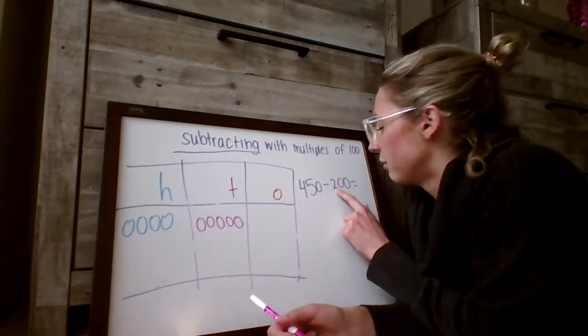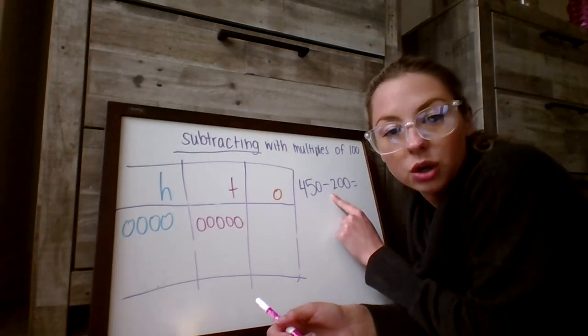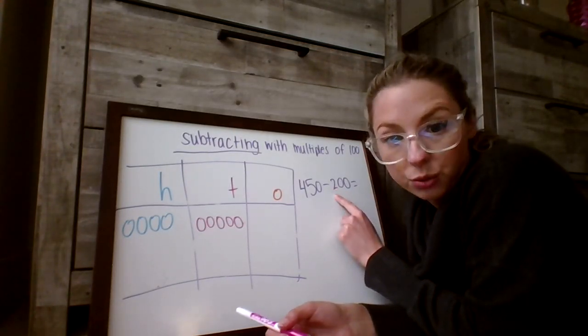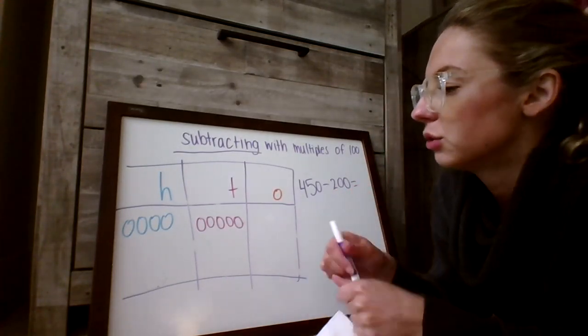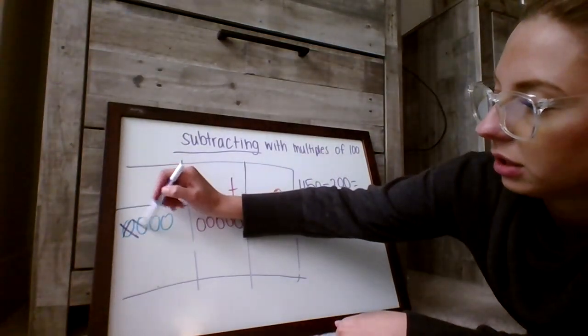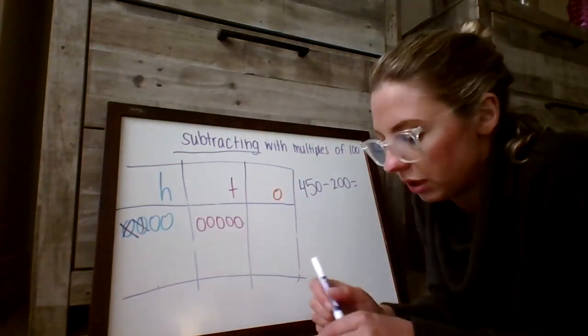Good. If we took away or subtracted 200, I would cross out 2 hundreds. 1, 2. So what is left?